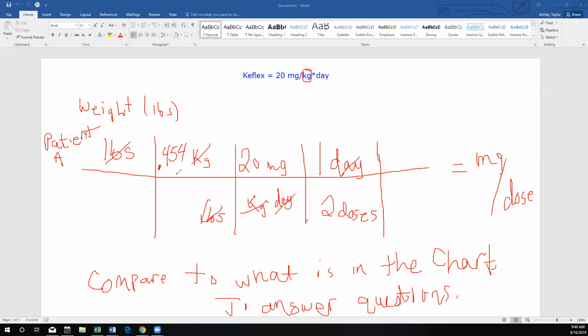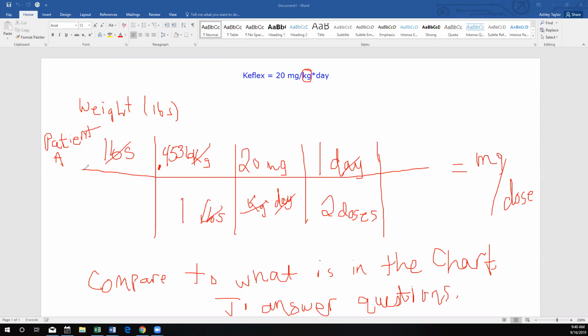Let me erase that. 0.4536. Okay, so I have 0.4536 kilograms in 1 pound.